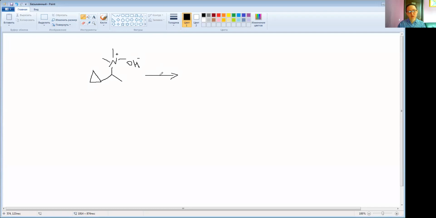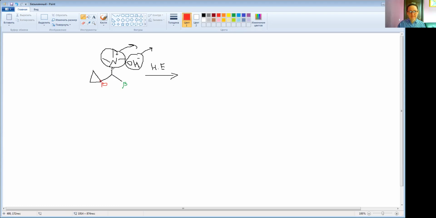Hofmann elimination, HE. So this removes hydrogens, and we have 2 beta hydrogens. This green one, the right one, is a beta carbon, and this carbon is also beta.